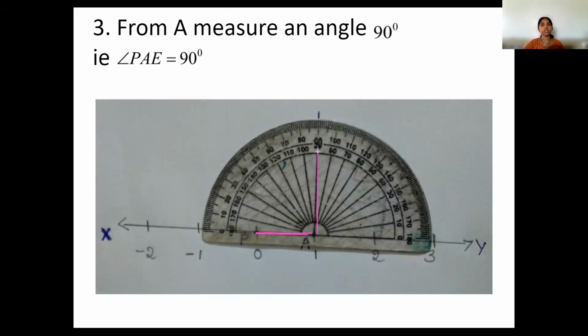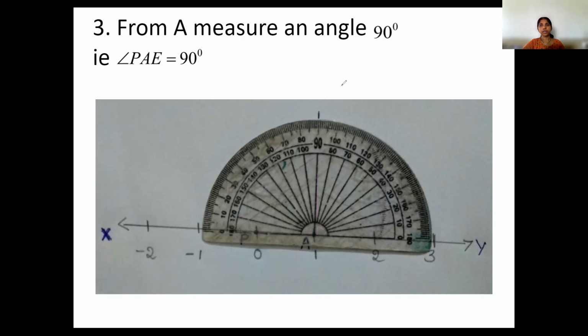Keep the pointer of the protractor at A, and you will mark the perpendicular. 90 degrees is also considered as the perpendicular. So you can measure an angle of 90 degrees keeping the number line as the base.